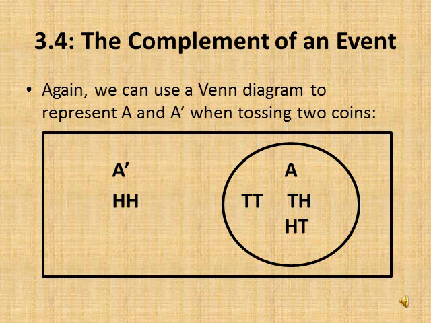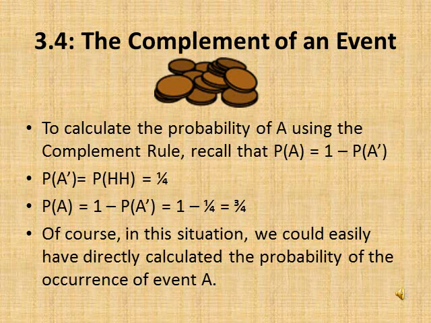Again, we can use a Venn diagram to represent A and A prime when tossing two coins. To calculate the probability of A using the complement rule, recall that P of A is equal to 1 minus P of A prime. P of A prime is equal to P of heads heads, which is equal to 1/4.